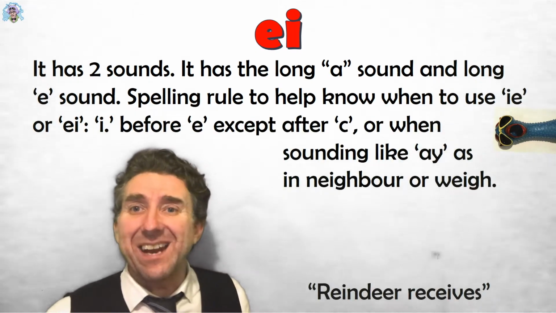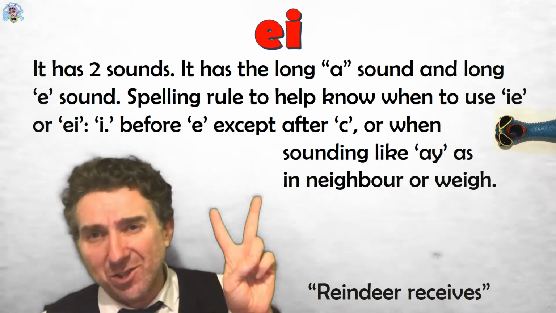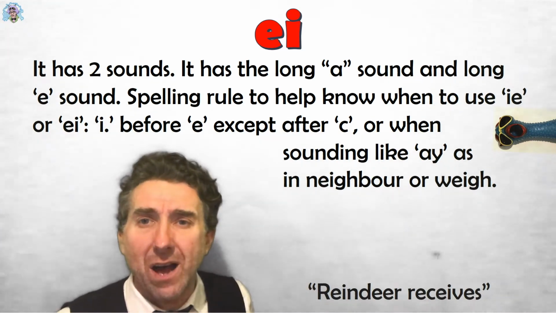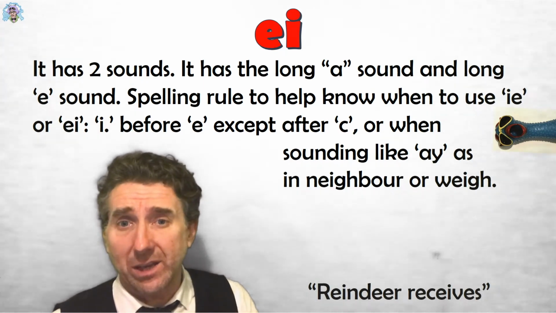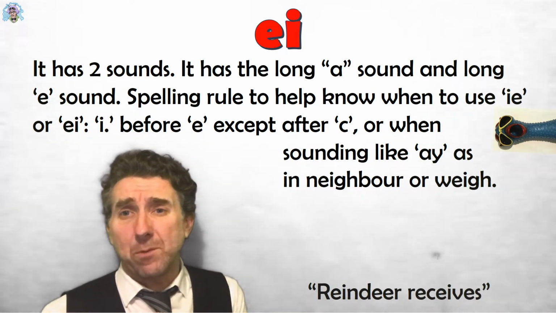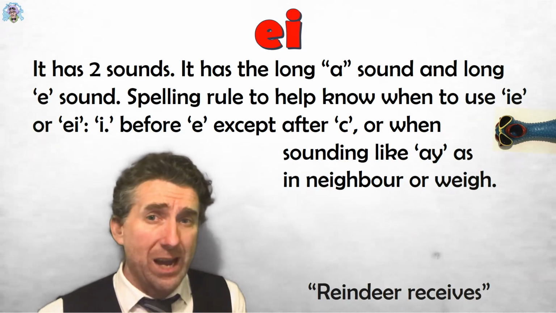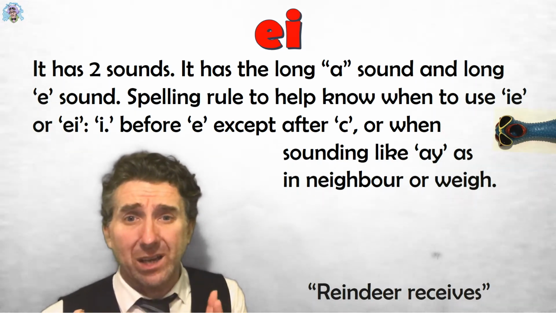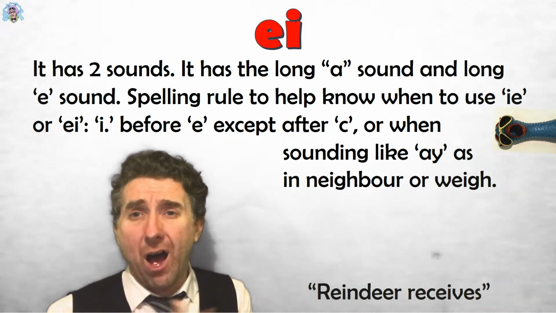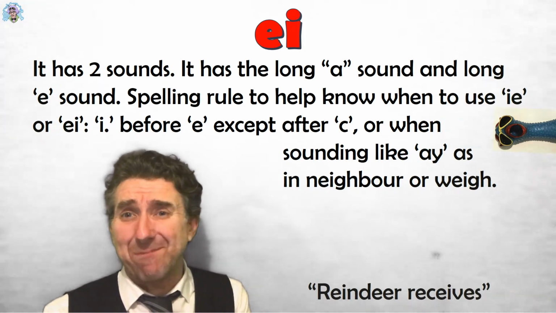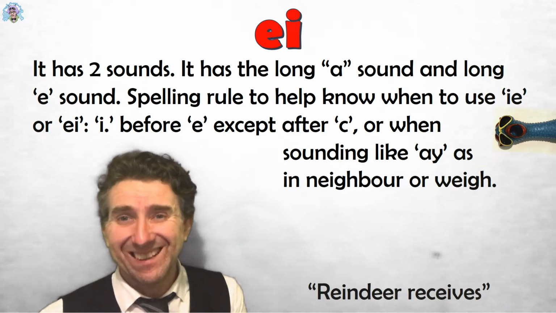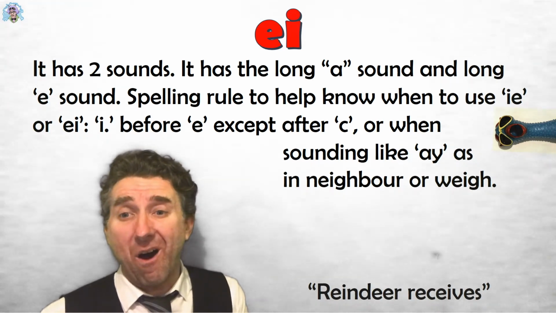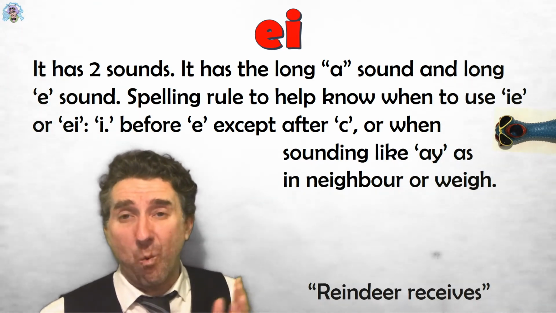Now on to the next one. EI. EI has two sounds. It has a long A sound and a long E sound. Okay. The spelling rule to help you know when to use IE or EI is basically I before E except after C, or when sounds like AY as in neighbour or way.